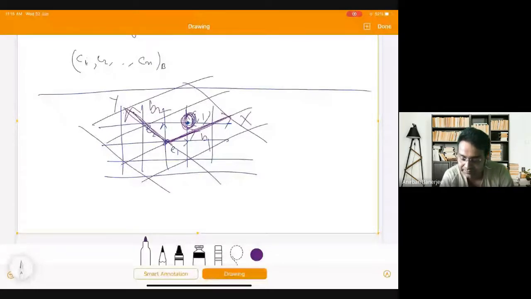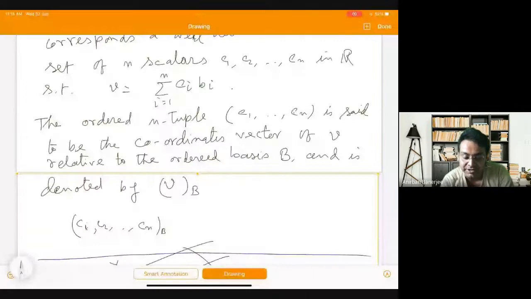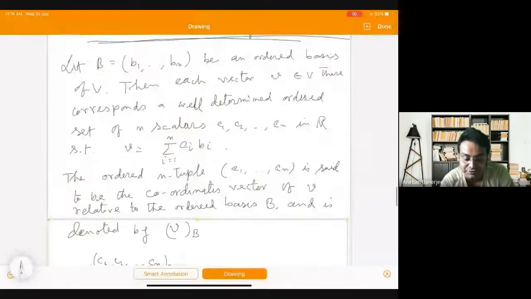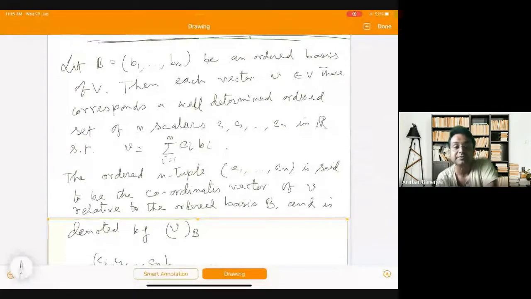So that's why the definition of the coordinates will always be with respect to a set of ordered bases. It's an ordered basis, not an unordered one, and because of this ordering, the coordinates will be dependent on it.